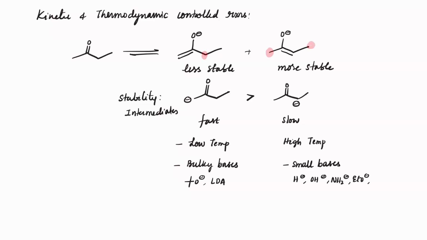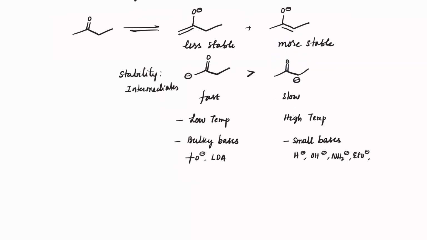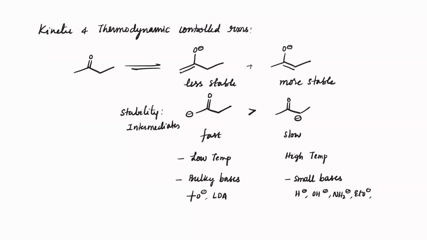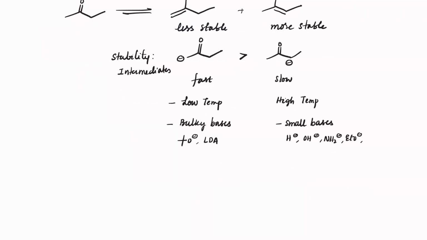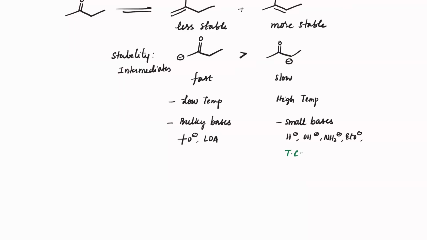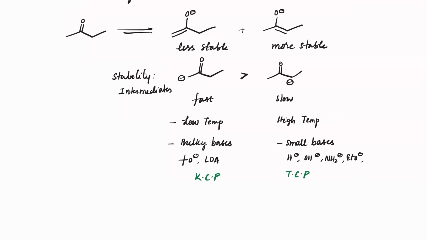So definitely this one is more stable in terms of its double bond form. The one which is more stable in the double bond enolate form is called the thermodynamically controlled product, TCP. And the one which forms as the stable initial intermediate is called the KCP, kinetically controlled product.